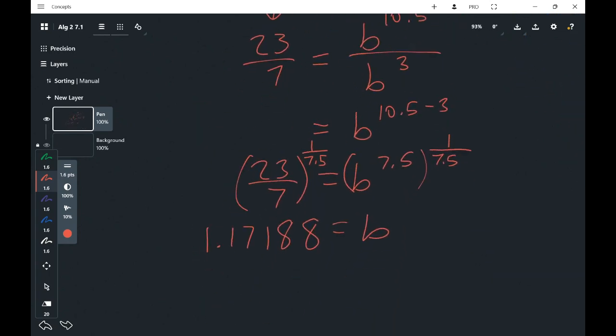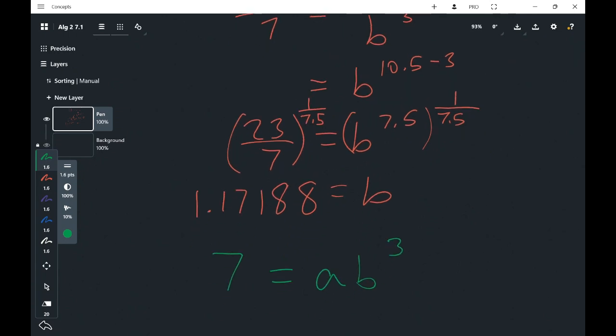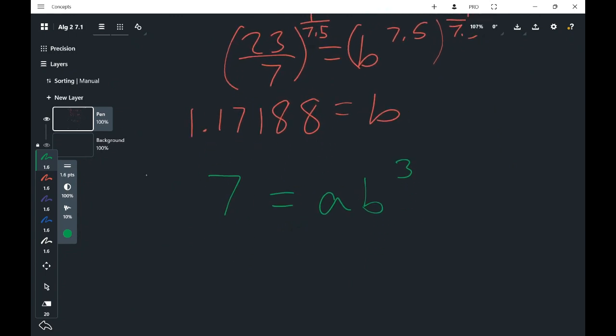So we have 7 equals a times b to the power of 3. In this case, b is this big mess, and we raise that to the power of 3. We want a.